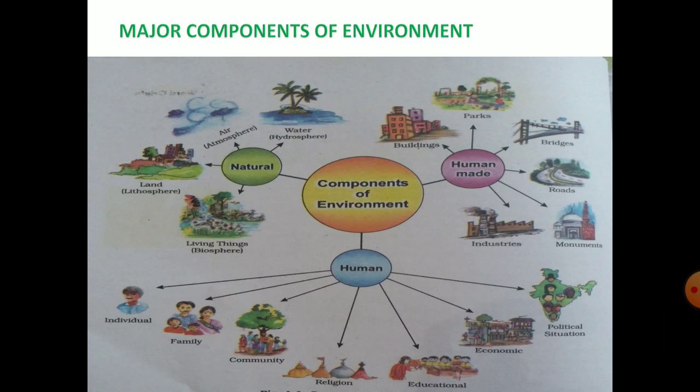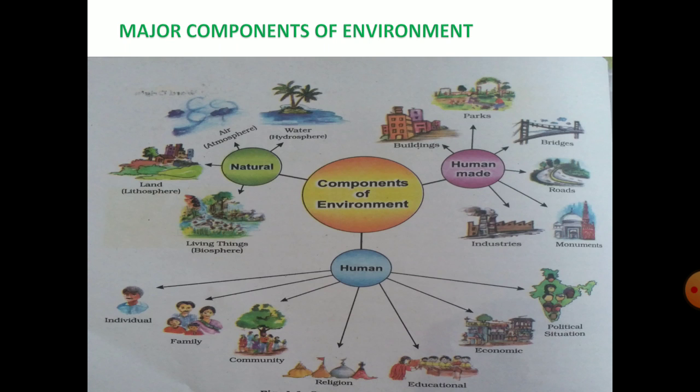Now we will find out the major components of the environment. There are three components of the environment: first natural, second human, third human-made. In natural we can find land, air, water, and living things. In human, there are individuals, their family, community, religion, and educational, economic, and political situation.